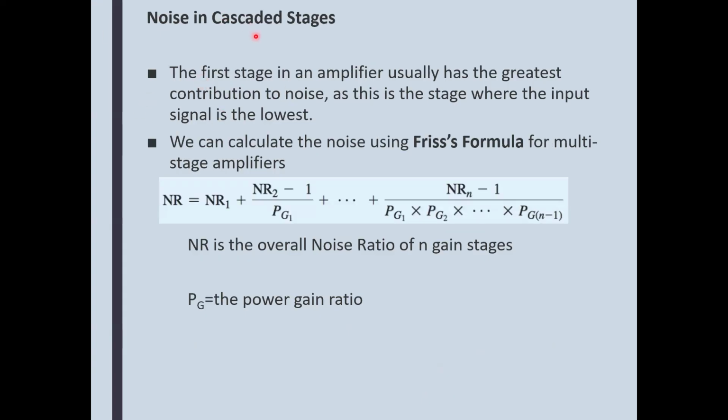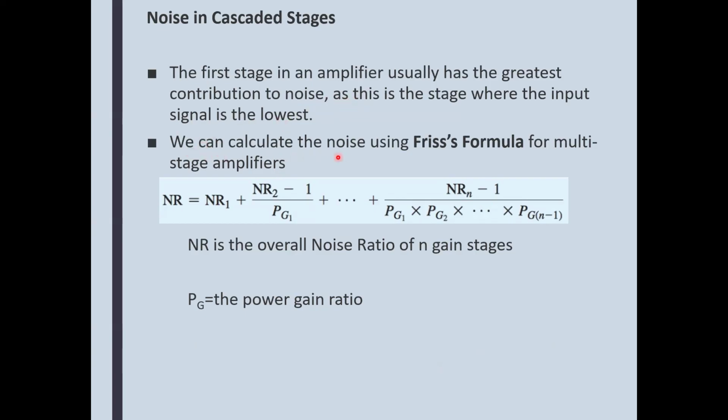Noise in cascaded stages. The first stage in an amplifier is usually the greatest contribution to the noise, as this is the stage where the input signal is the lowest, so everything gets amplified, and once it's amplified and carried through, it's hard to get rid of it, right?